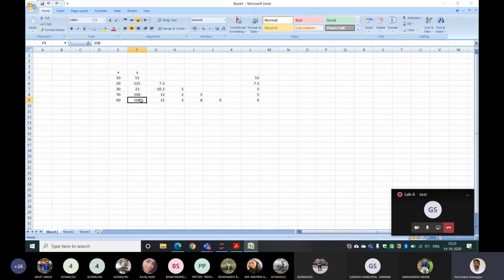So first we have this, we got this, but the same thing we will store here, and we are storing from backward. Why from backward? Because if you calculate this 7.3, that is 125 minus 52, we need 125. But if you are calculating this, then again we need 125. So we cannot replace 7.3 directly here. But if we calculate from backward, 108 minus 100 gives the answer 15.